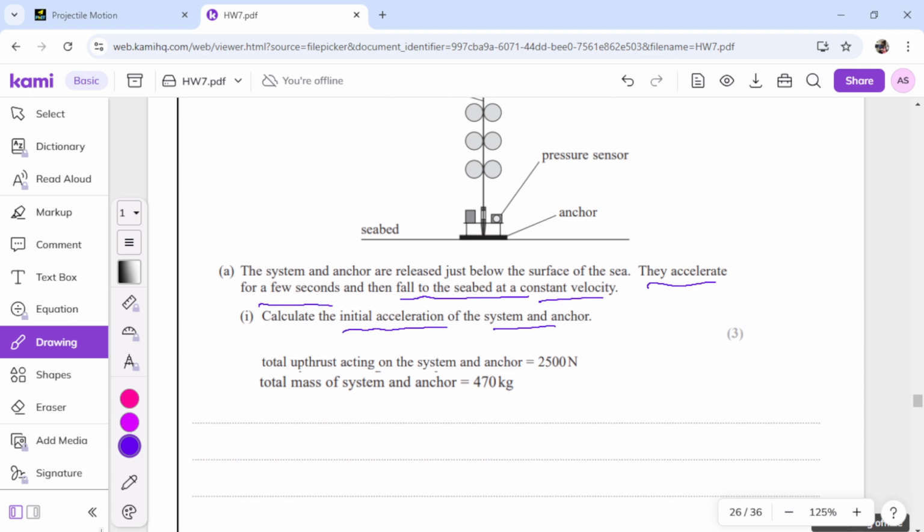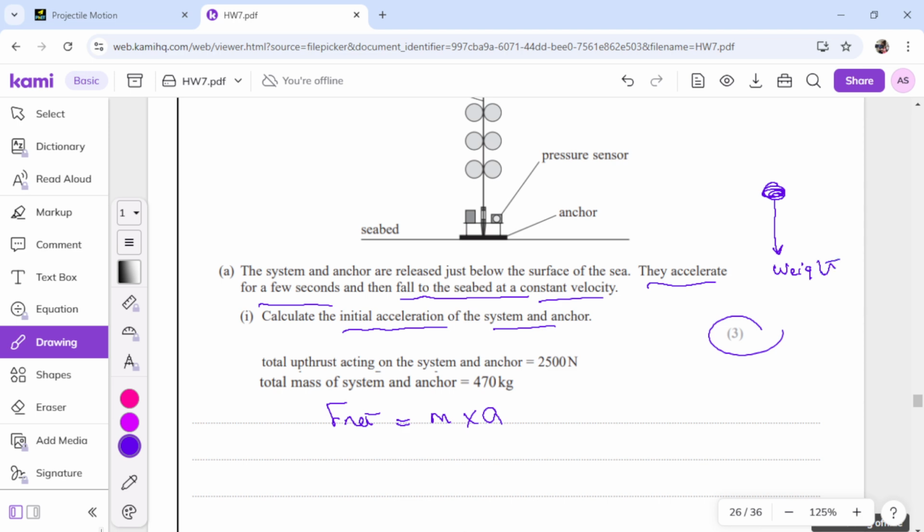Of course, if you want to find acceleration, you have to use F net equals mass multiplied by acceleration. This question has 3 marks. So first you have to find F net. I will consider this is the system. So the first force is weight. And what about the second force?